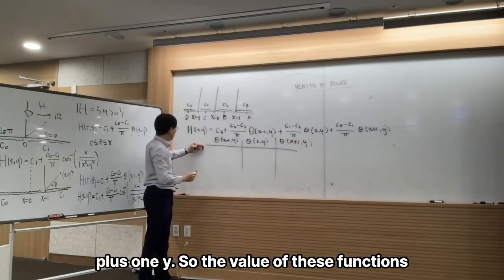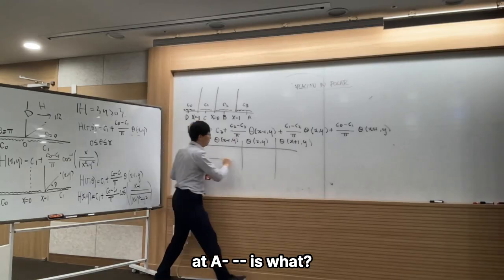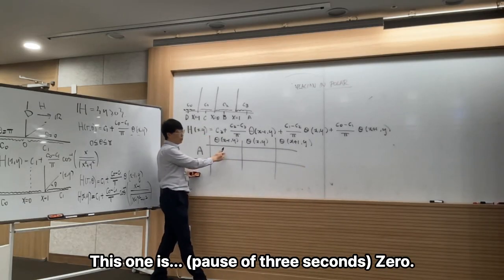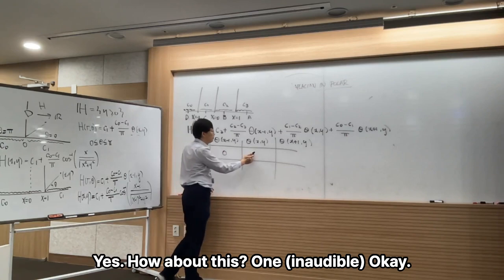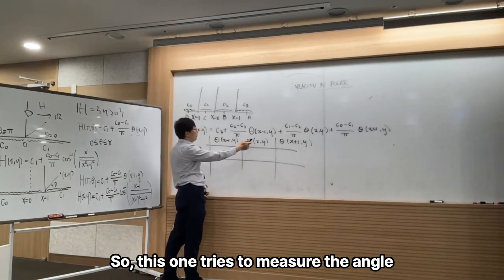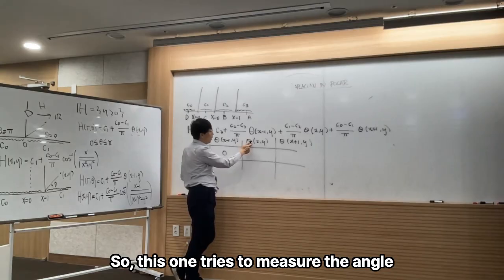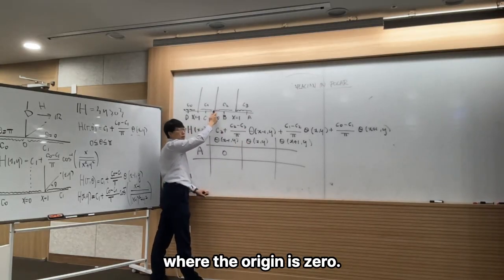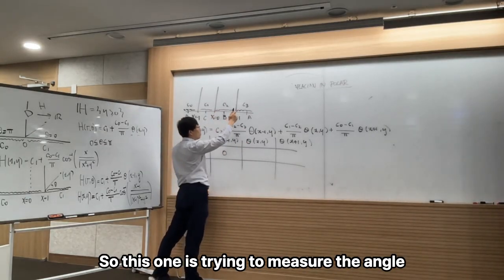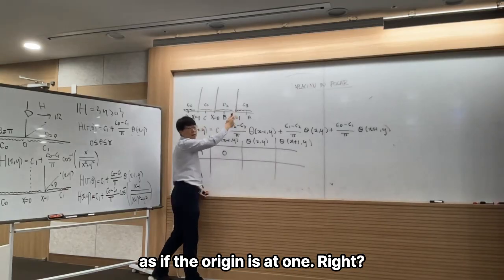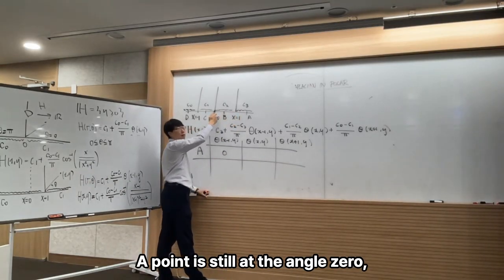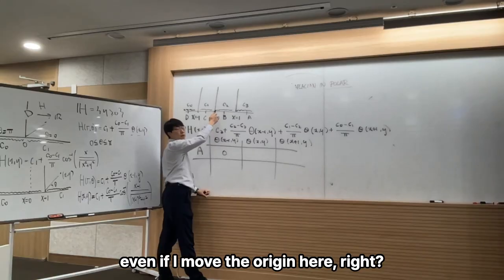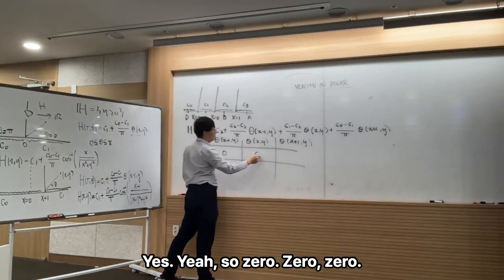What is the value of these functions at A? This one is 0, yes. How about this? This one measures the angle where the origin is 0, and this one measures the angle as if the origin is at 1, the same way I did here. A is still at angle 0, even if I move the origin here, right? So 0, 0, 0.